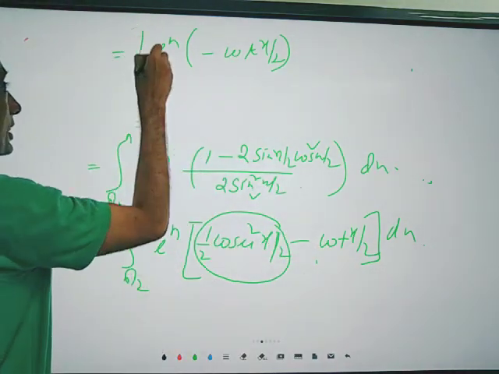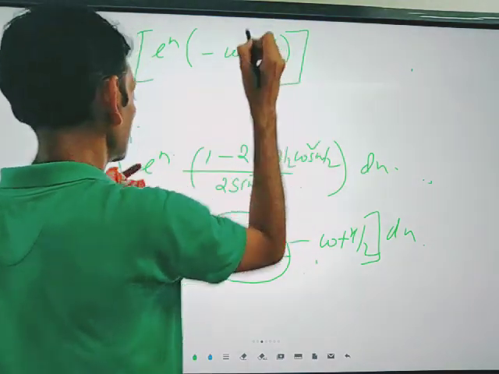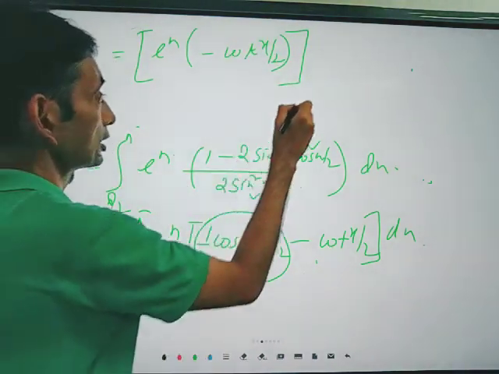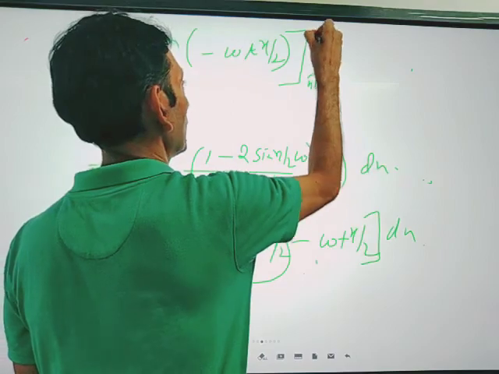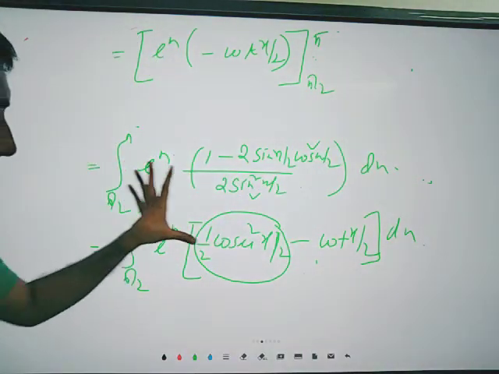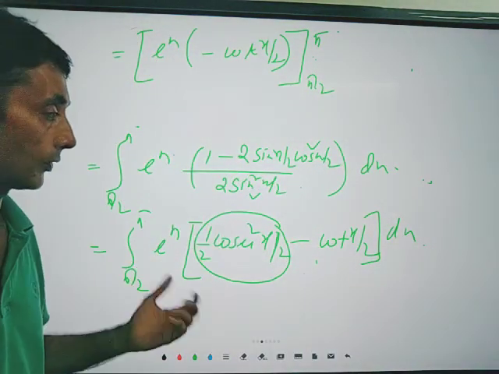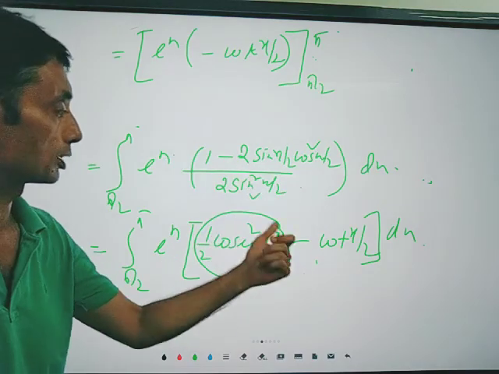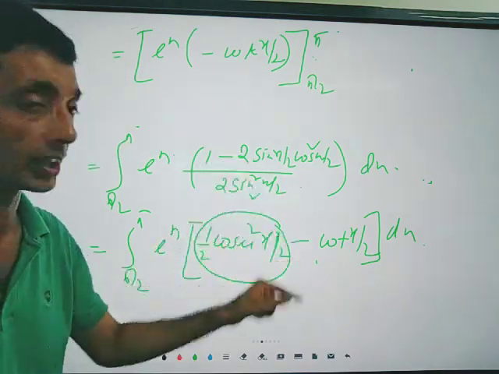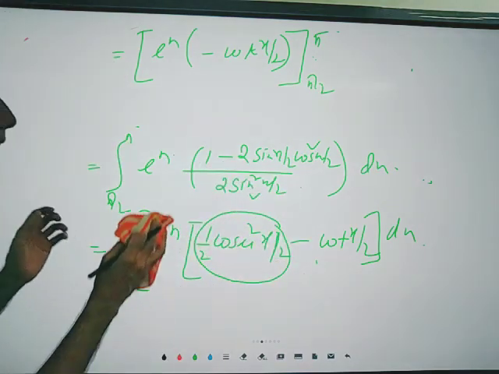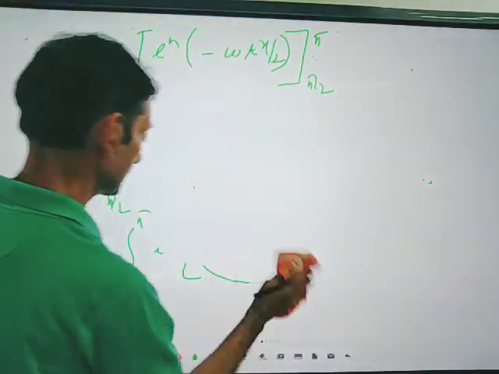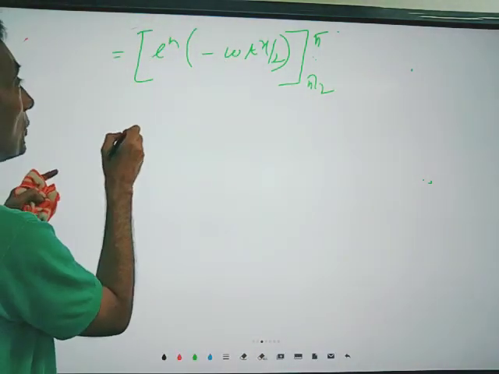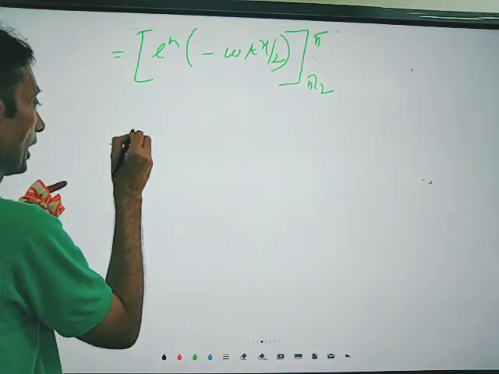Now the only thing left is to substitute the limits, that is pi by 2 to pi. I hope these things are very simple, and I've explained each and every point regarding these questions. Now the next step, we're just going to substitute the values. We'll just take the minus out.